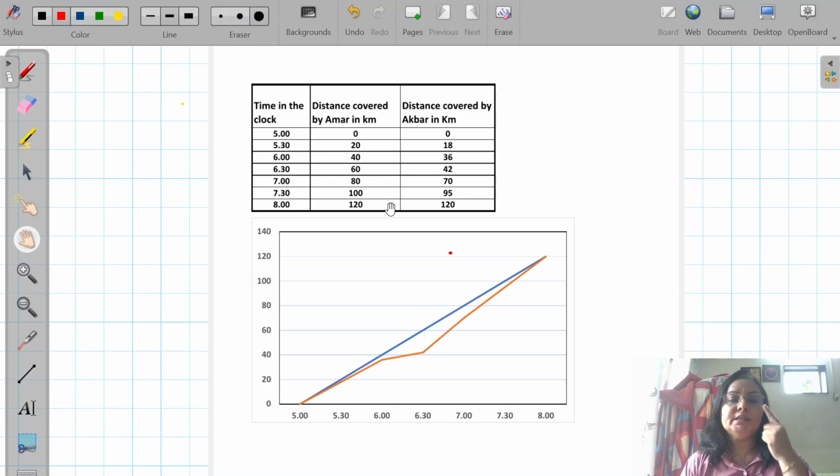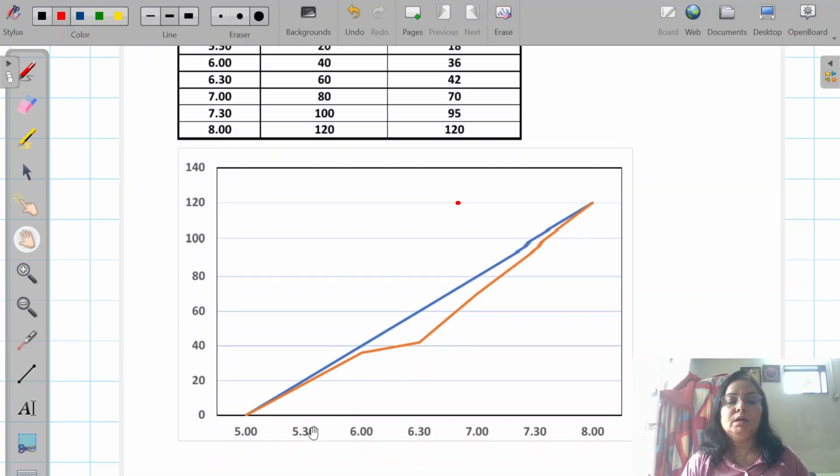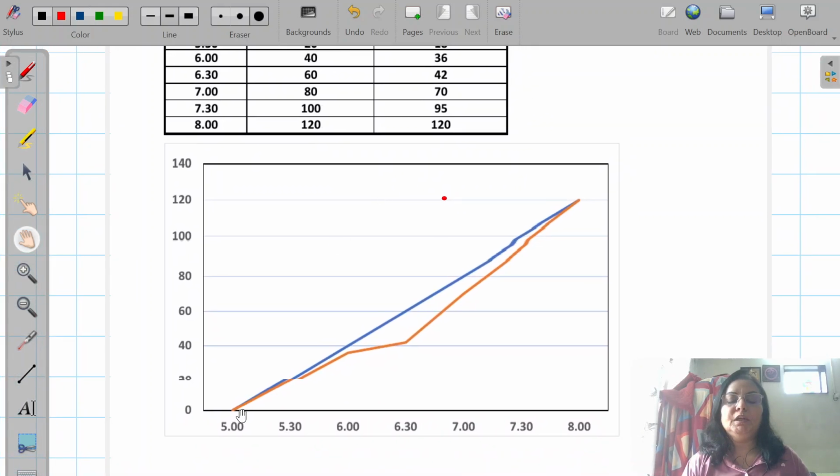So, what we do is, we try to understand what their speed is, how much distance they have covered in equal intervals of time. So, when we plot the distance upon time, we see that Amar has covered equal distances in equal intervals of time, whereas Akbar has covered unequal distances in equal intervals of time.